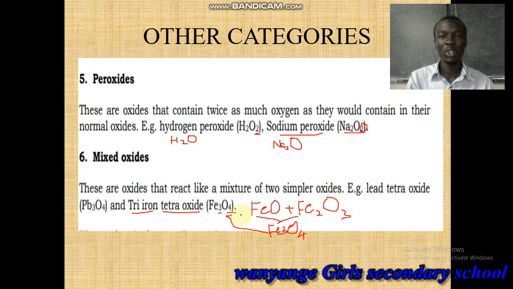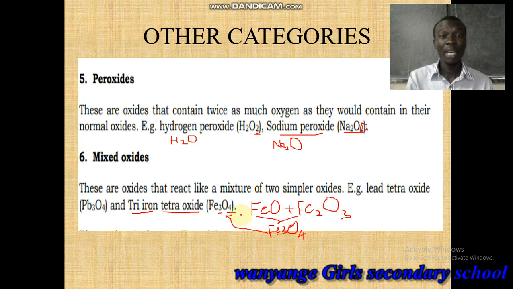Very interesting chemistry. And now after learning oxides, you should be able to appreciate that oxygen does not exist only in the atmosphere, but it also exists in a combined state. We have realized that many metals and non-metals can be combined with oxygen to form oxides. When the oxides are metal oxides, they can either be basic oxides or amphoteric oxides.